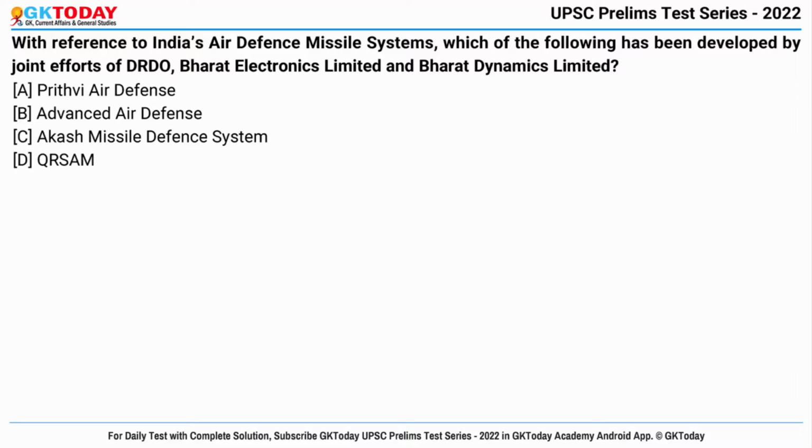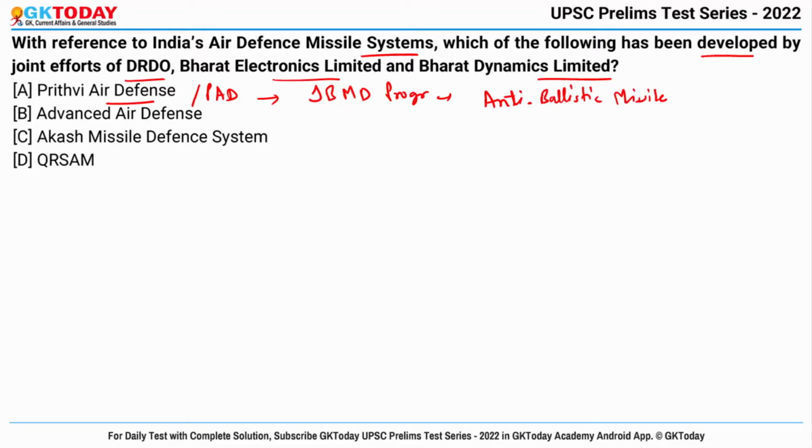With reference to India's air defense missile systems, which of the following has been developed by joint efforts of DRDO, Bharat Electronics Limited and Bharat Dynamics Limited? Let's talk about the options one by one. First is Prithvi Air Defense, or you can say PAD. It is a component of Indian Ballistic Missile Defense Program, and it is an anti-ballistic missile that is capable of neutralizing ballistic missiles in the exo-atmosphere.